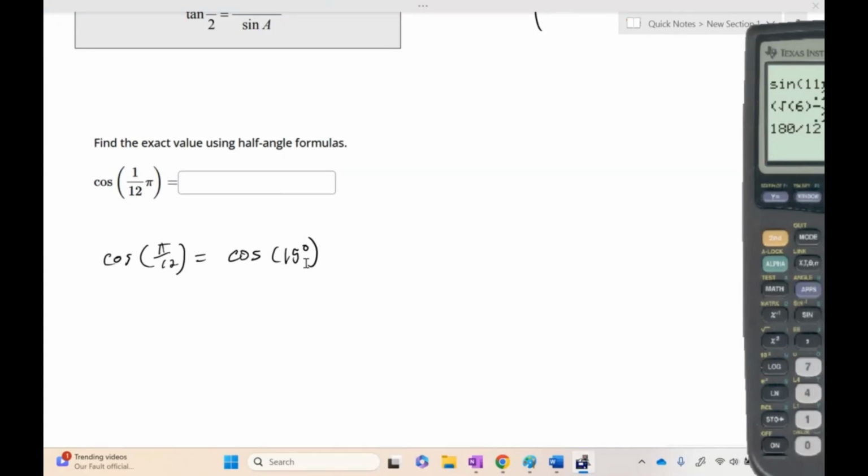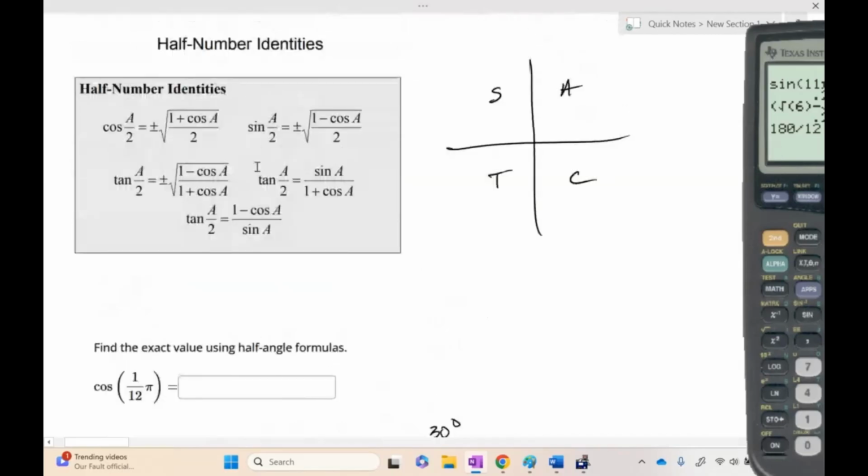Half of what angle is 15? 30, right? So I can rewrite the cosine of 15 degrees as the cosine of 30 degrees divided by 2, because 30 divided by 2 is 15. This allows me to use this half angle formula.